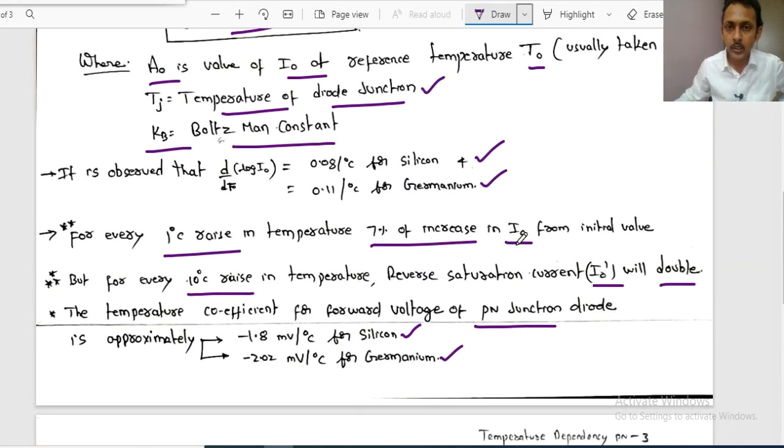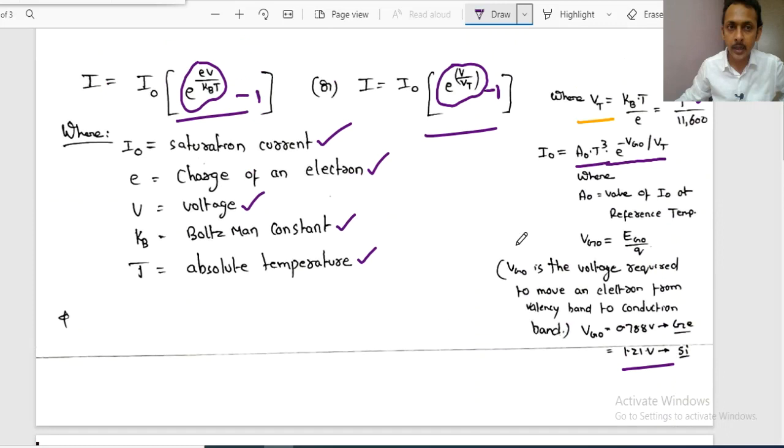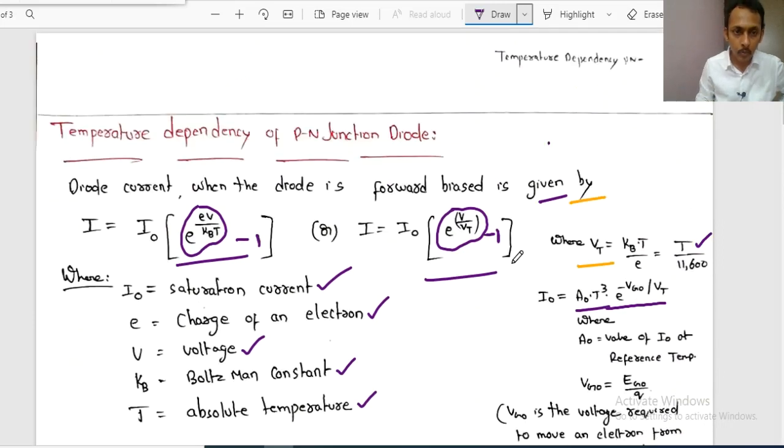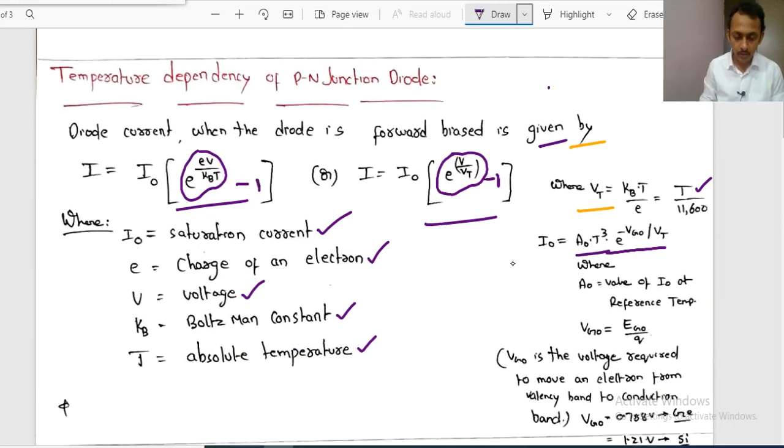Clear? So dear students, in this entire discussion, the important point is to please remember this equation: I equals I naught e power eV by kBT minus 1. And please write what are the different variables you have. This formula will be simple and easy to remember. Please practice this formula. The other is another option; no need to go for it.